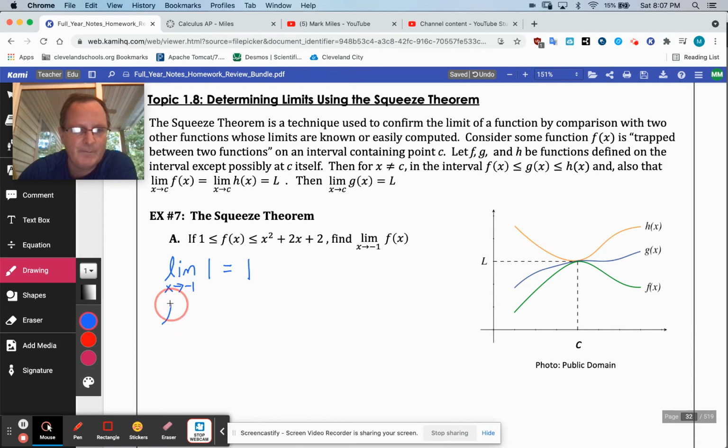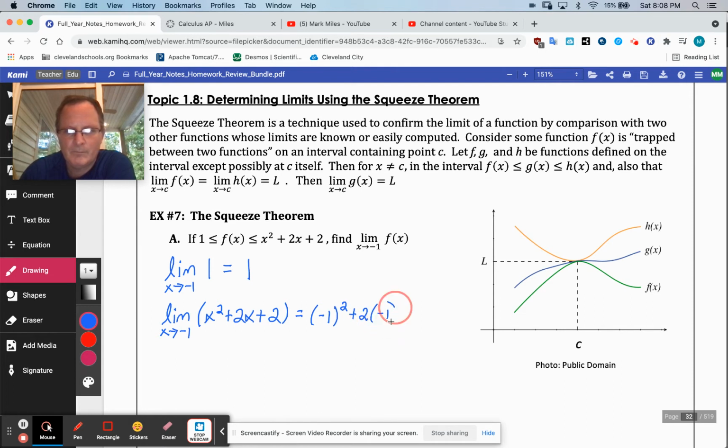All right. So here we go then. The limit as x approaches -1 of x squared plus 2x plus 2 equals -1 squared plus 2 times -1 plus 2.